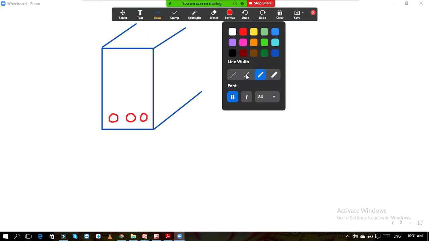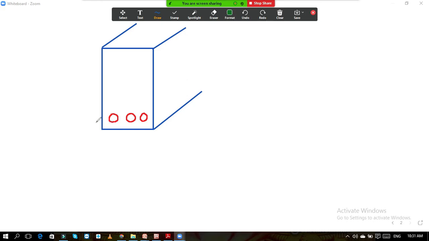While providing this reinforcement, see, this is the bottom, and this is the tensile reinforcement. It is not exactly provided at the bottom, it is provided by leaving some distance from the bottom. This distance is called clear cover.